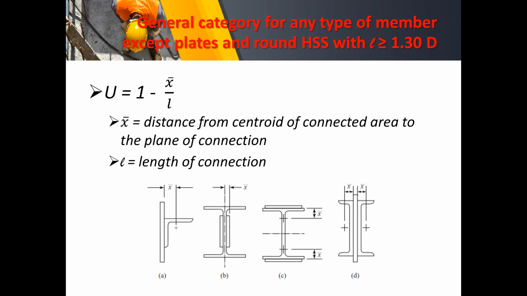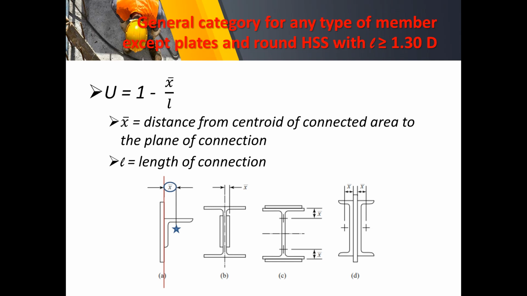So let us have some figures to illustrate those variables. In letter E, the angle bar is connected to a plate, wherein the connection is along the plane of that plate, and here is the centroid of that angle bar.